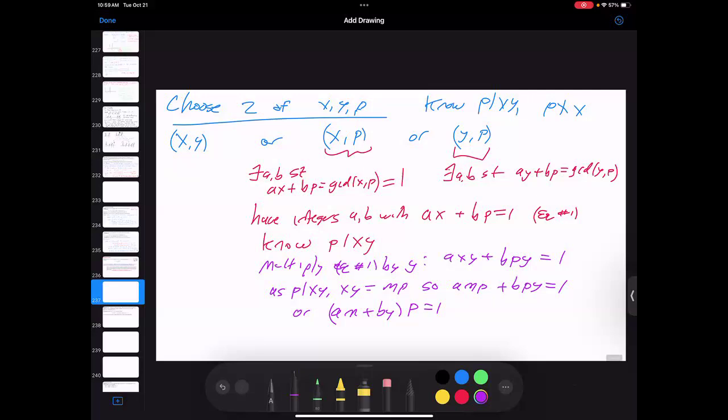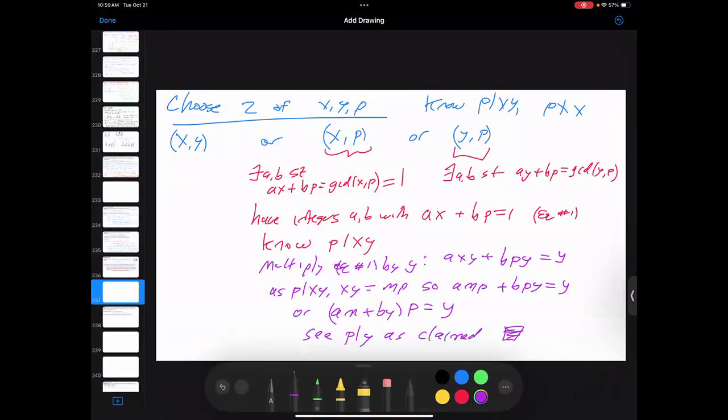What is the left-hand side when I multiply by Y? It's Y. So now we factored out P. And so we see P divides Y as claimed. And that finishes the proof.